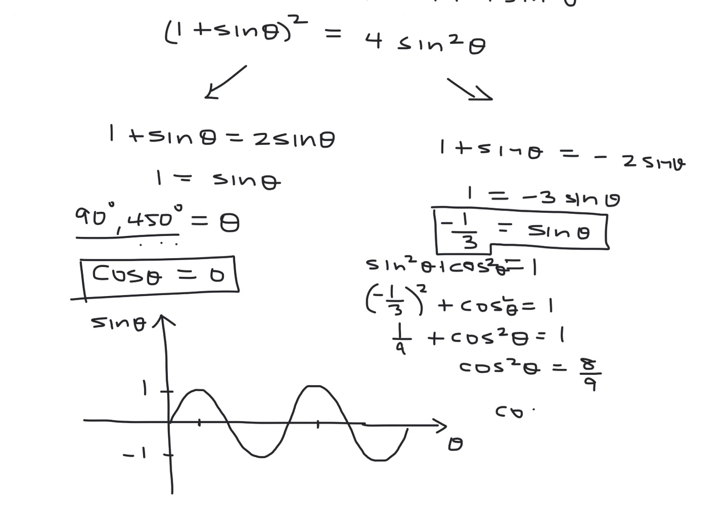And then therefore if we take the cos, that's going to be the root of 8 over 3, which is plus or minus 2 root 2 over 3. Plus or minus 2 root 2 over 3. I believe that is correct. So these are the values right here, and then these two guys right here.